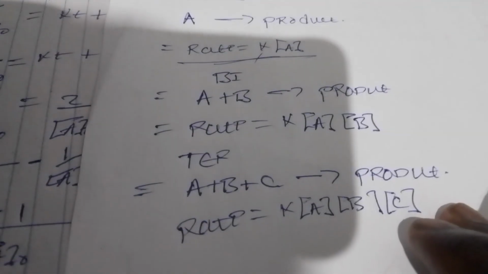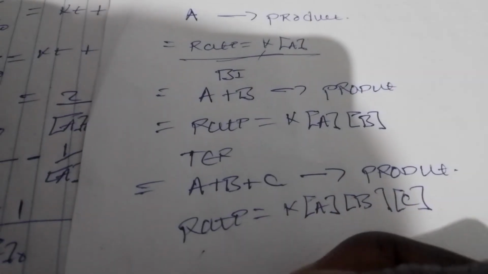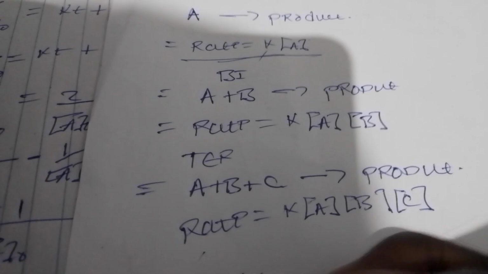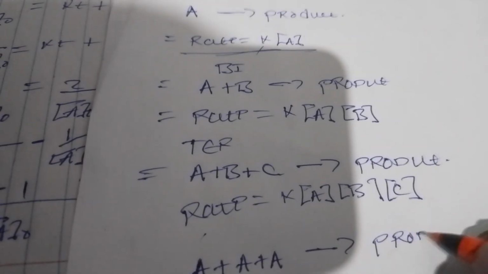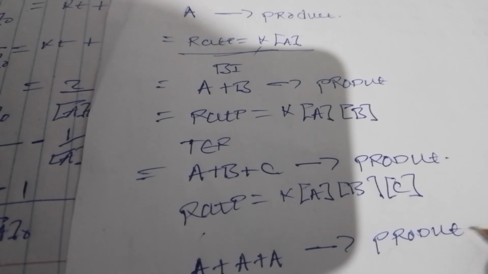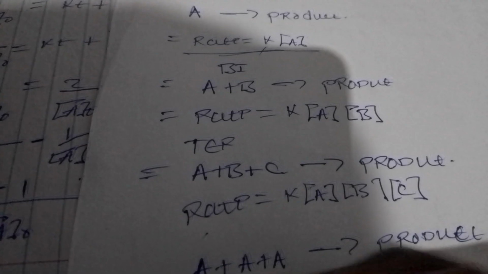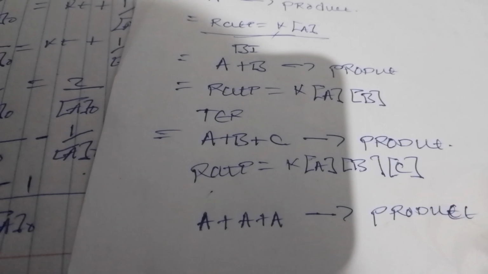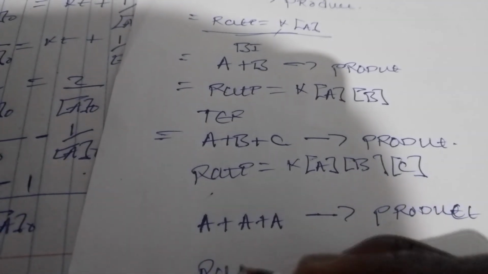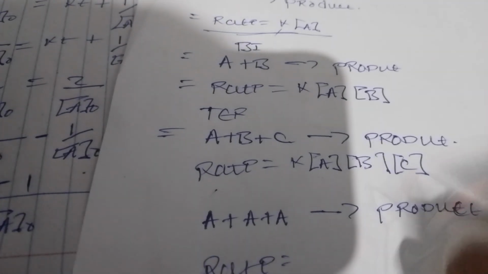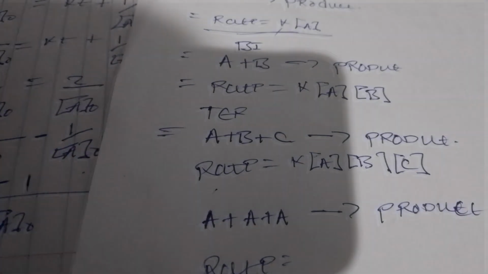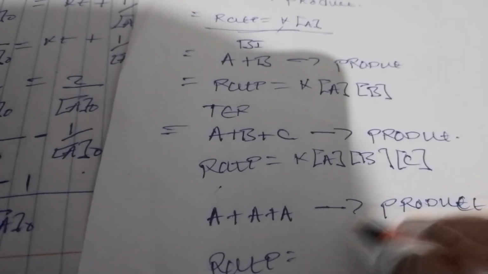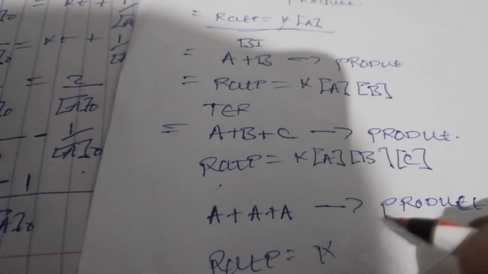What about the case where we have three of the same reactant producing a certain product? Just try to assume that kind of question. What would be our final answer in terms of the differential rate law? We want to say the differential rate law depends on the concentration of the reactant, so hence we're going to have a constant.